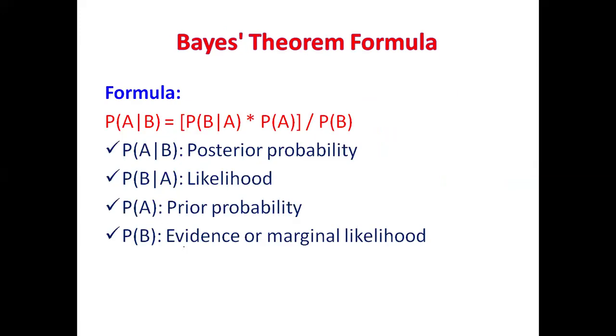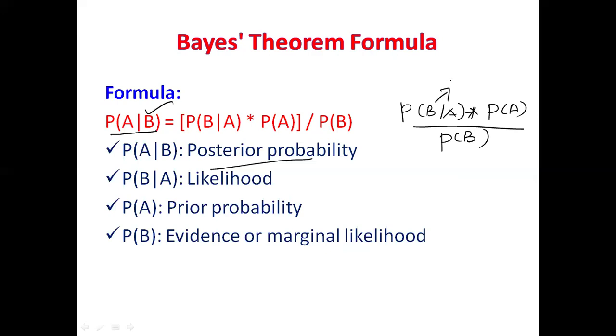What is the Bayes theorem formula? All you know that, this we have seen. It provides the mathematical foundation for the naive-Bayes algorithm. The formula is given by probability of A given B is equal to probability of B given A into probability of A divided by probability of B. And the probability of A given B is the posterior probability.